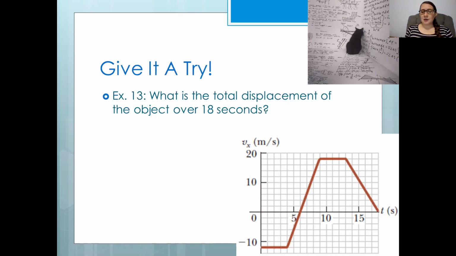So this is the example that we left off with yesterday. And remember, we were ending up talking about integrals, or the area under the curve. So remember, these three types of graphs that we've been talking about: position time, velocity time, and acceleration time graphs, those are all related to each other.